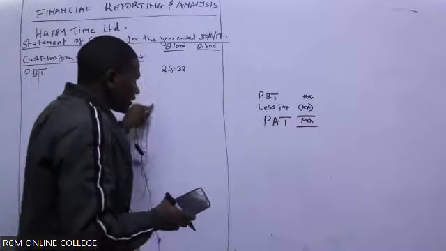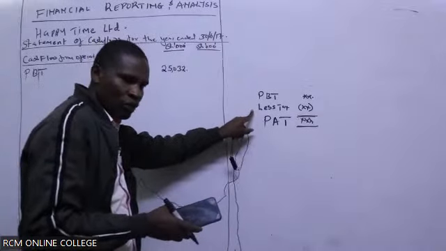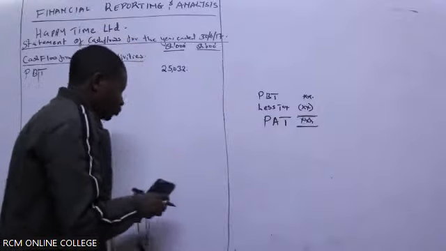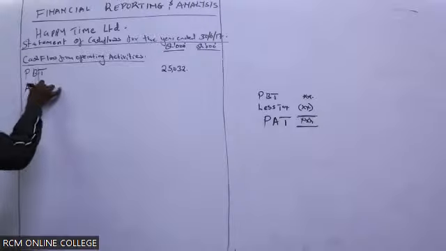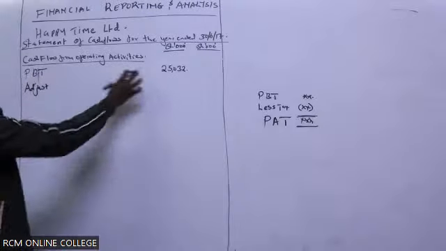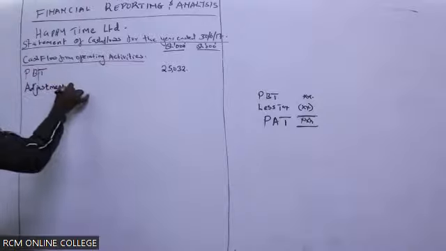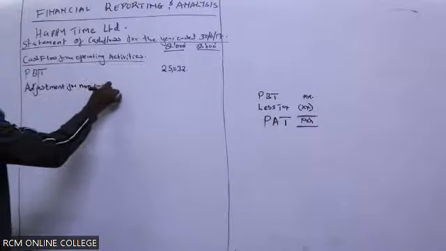When you are adjusting, remember to add back tax expense. So under adjustment for non-cash items. Some were asking me, teacher, why don't we add it here directly? No, follow the adjustment, because you are adjusting.